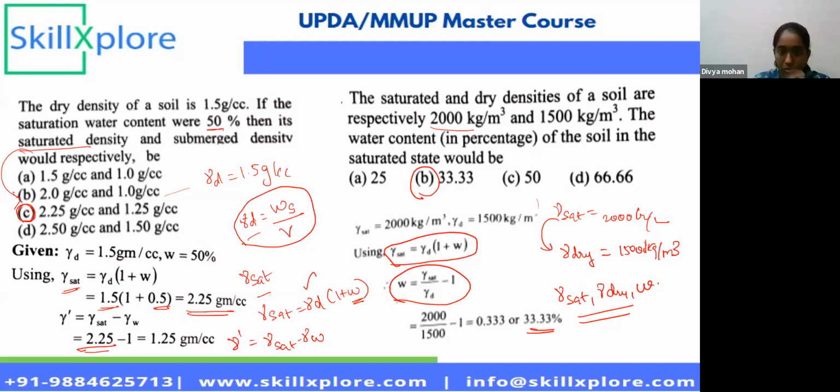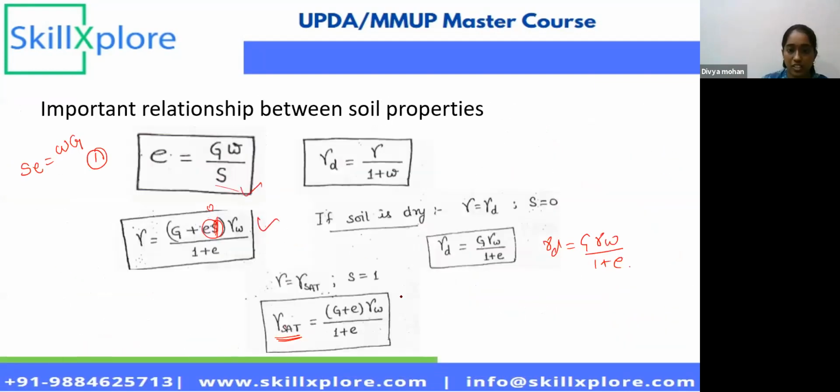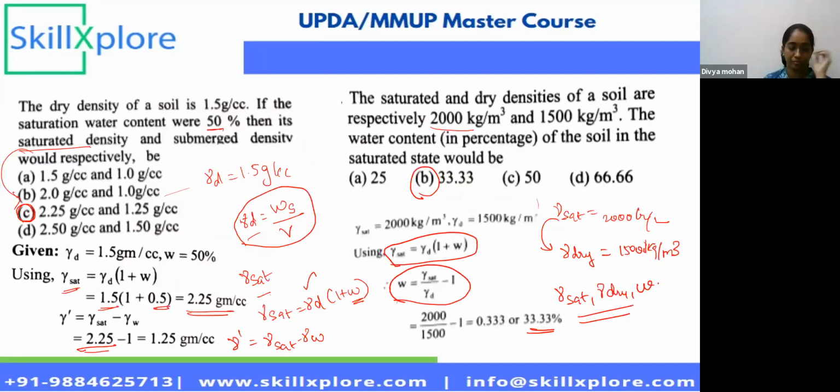For all geotechnical problems, there are 5 major relations I have given here. With these 5 relations, we can solve any type of problem. The only thing is we have to rearrange and find the unknowns. So as of now, the basic parameter definitions are over, and one more sum is there.